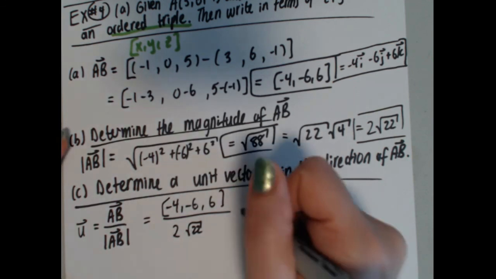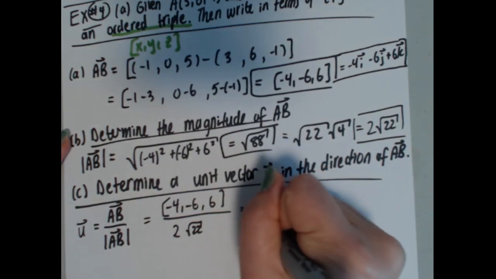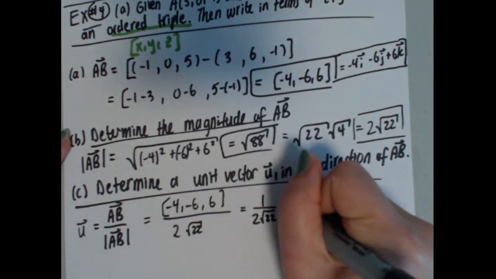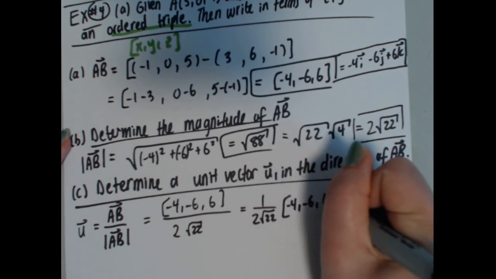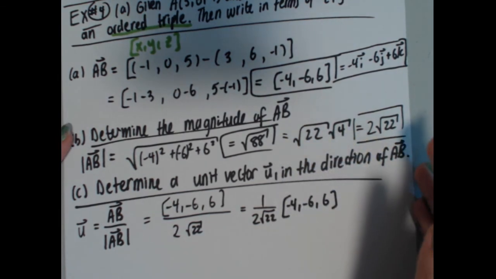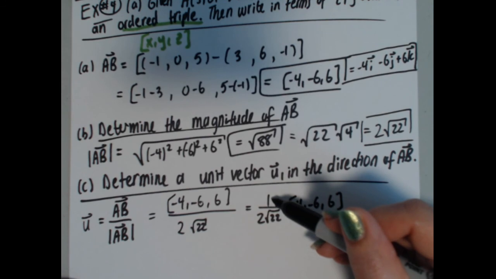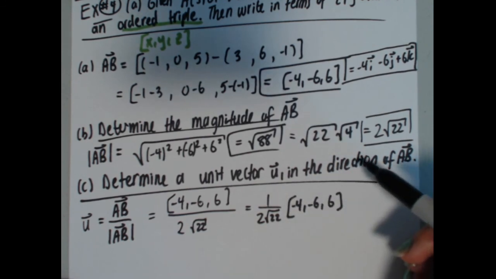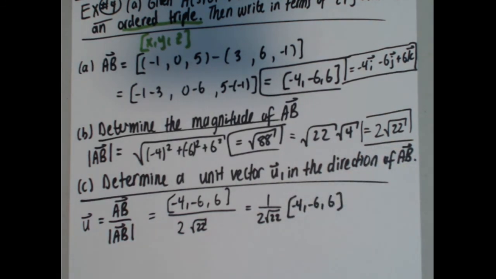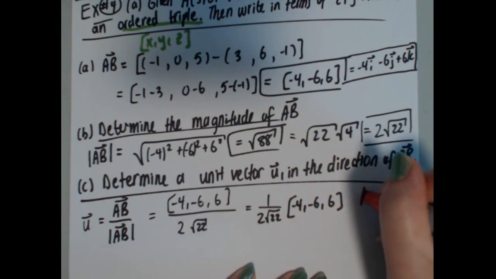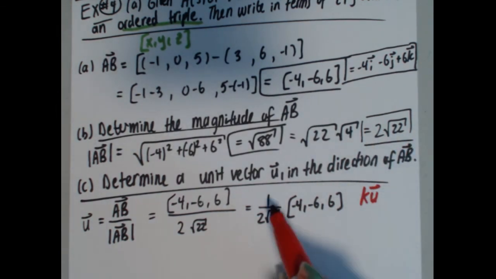So I'm going to rewrite it like this: 1 over 2 root 22 times -4, comma -6, comma 6. This way it's a little bit clearer to me that I have to take this constant and distribute it to each part. Because what you actually have here is a constant times u, right? So you can take that constant and multiply it inside to each component of that vector.